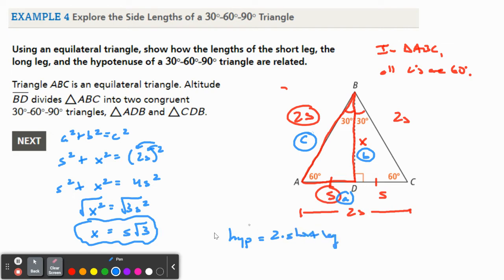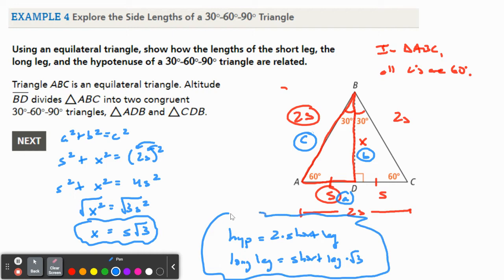Again, S is the short leg. And then to find the long leg, which was our X or our B, you're going to take the short leg and multiply it by the square root of 3. And there's your two relationships that you need to know for a 30, 60, 90. Hypotenuse is 2 times the short leg. Long leg is the short leg times the square root of 3.